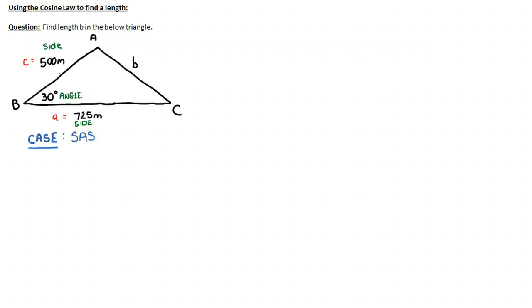So I'm going to take a second and write out the cosine law to start here, because that's going to help me remember it. Using this, I know I want to solve for b squared. So I'm going to put a b squared here. Then we use the other two sides, so that's going to be a squared plus c squared minus 2ac, and it's always cos of the angle which corresponds to the side you're solving.